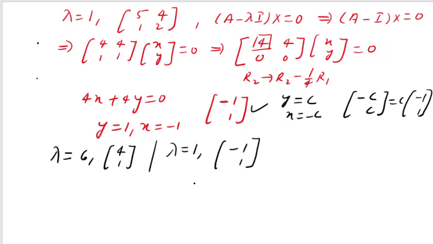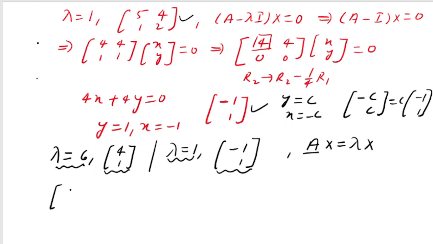Okay. So before I proceed further, I just want to show you that for lambda is equal to 6, I have got this eigenvector. For lambda is equal to 1, I have got this eigenvector. And basically our aim was, for given matrix A, I wanted to get x and lambda such that Ax is equal to lambda x. So you can verify that also.